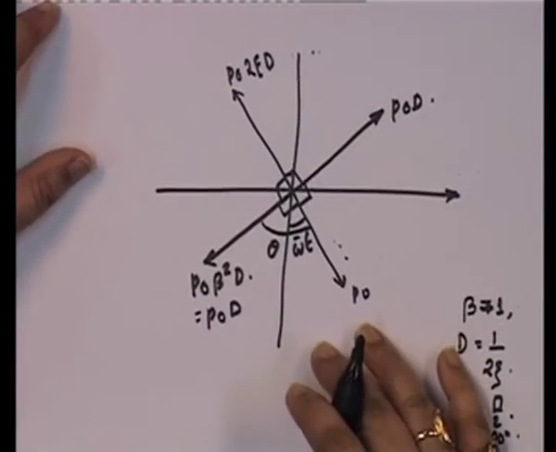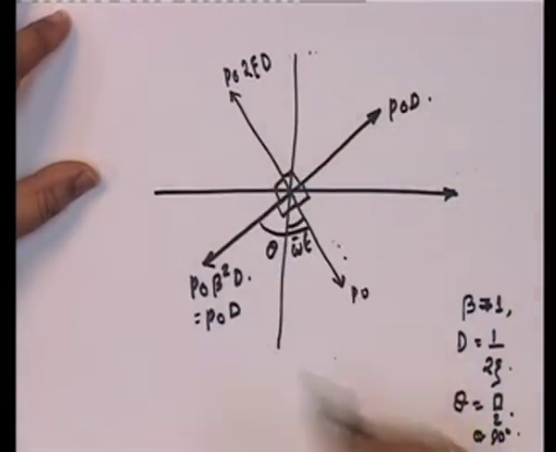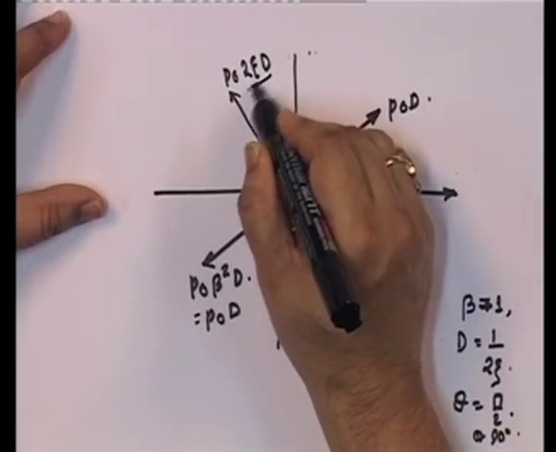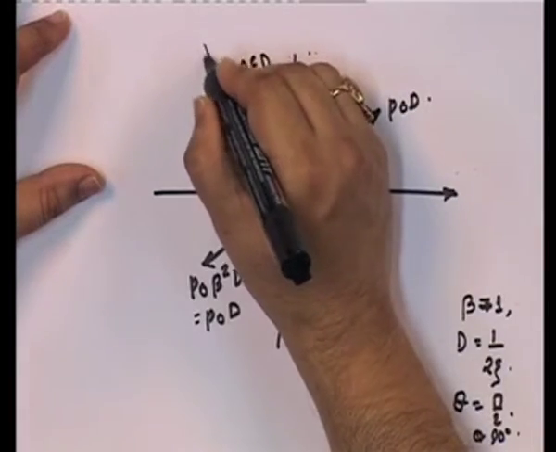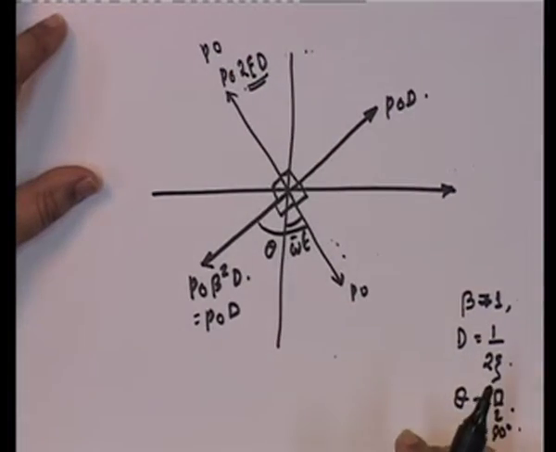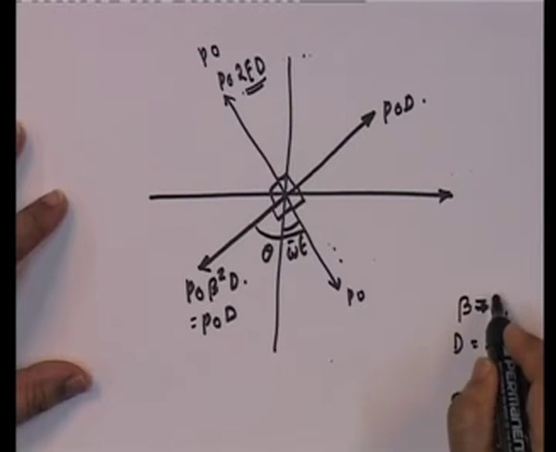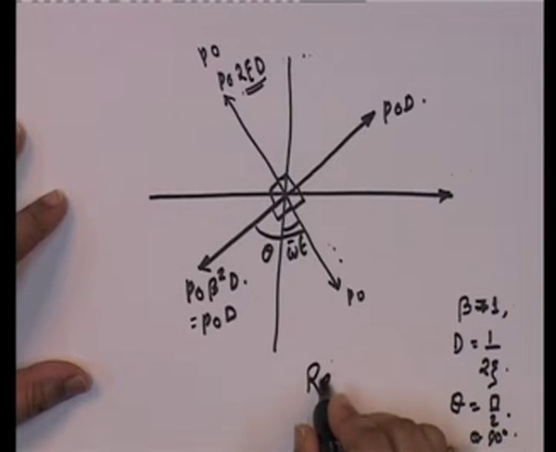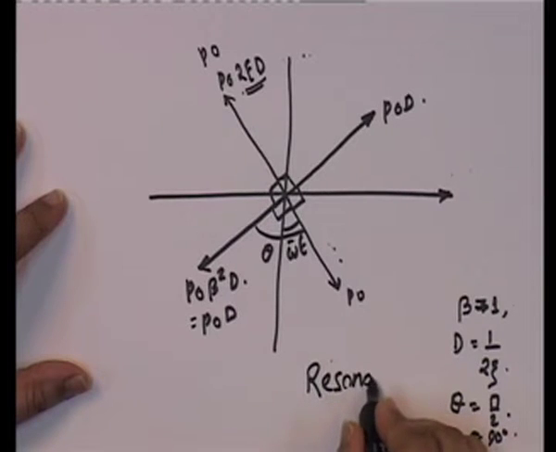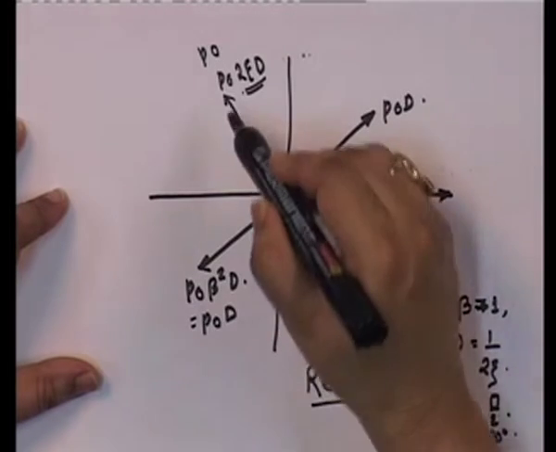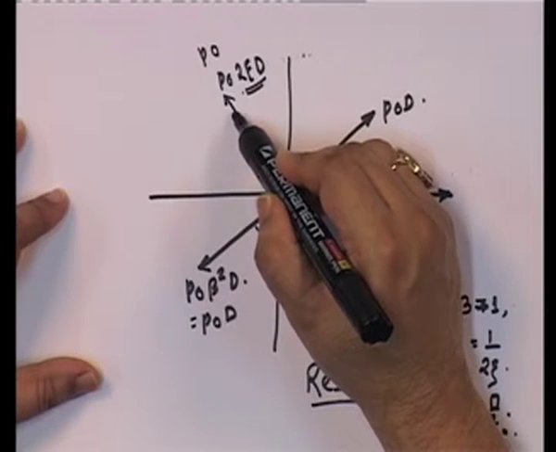Look at the very interesting thing, and look at what d is. D is 1 upon 2 xi. So, if I look at this, this becomes P naught. At resonance, when beta is equal to 1, the applied load is resisted completely by the damping force.